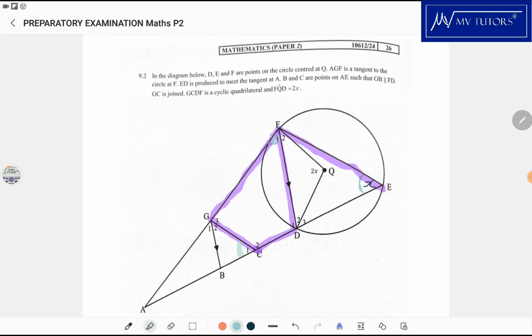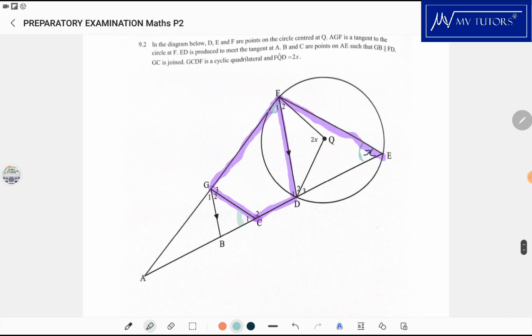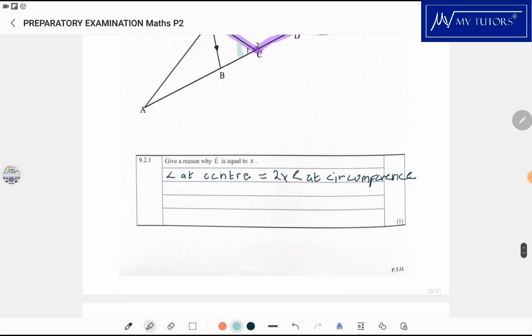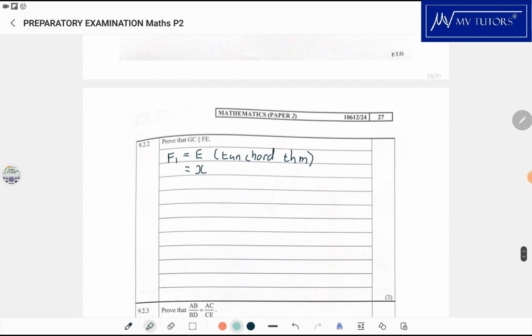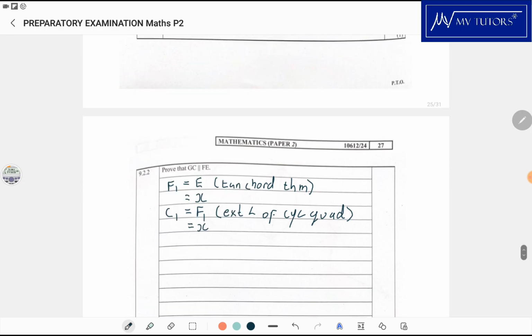Why? Because of the external angle of a cyclic quad. So that's C1. Okay, so we know now that C1 is equal to F1. Why? External angle of a cyclic quad. Did you see it? Cyclic quad. So F1 we established is also equal to X.